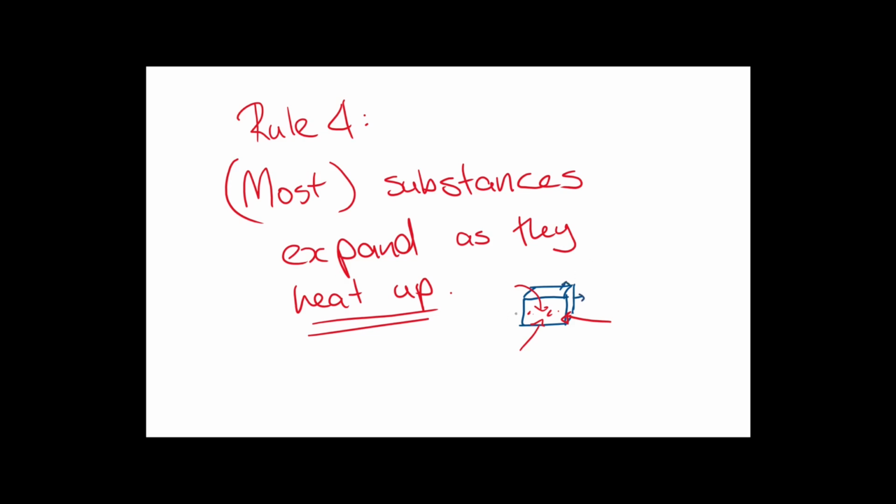It wants to expand because the particles in there have more energy and they want to push each other further apart. So it's a bit of a problem when we come to use engineering. We have to take that into account.